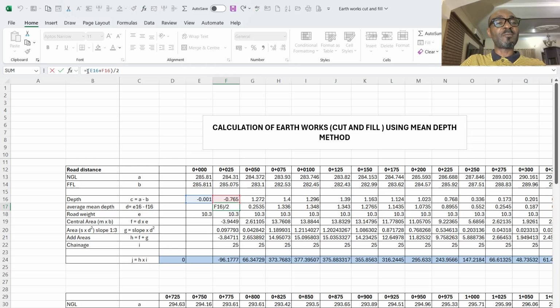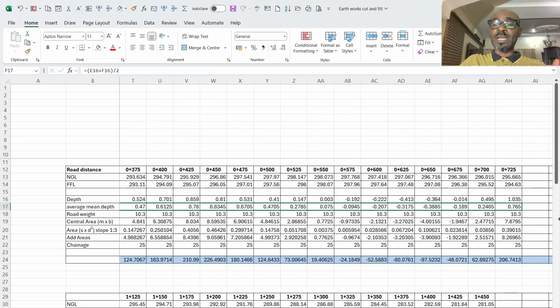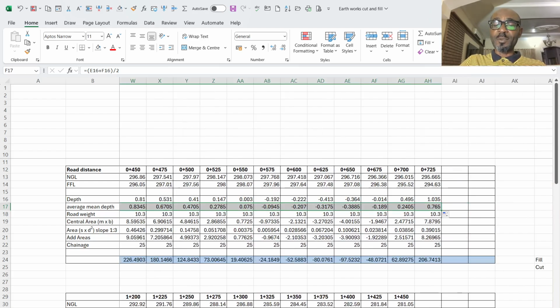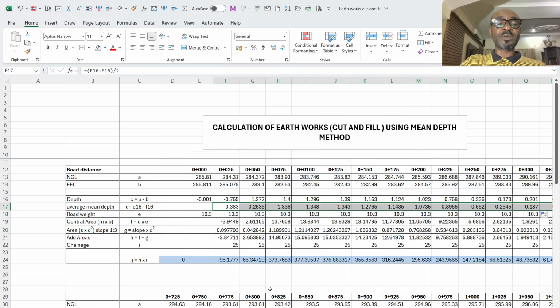You see it, E16 plus F16 divided by 2. Then I enter, then I drag all through as well. So I am also helping us to understand how the table was created.